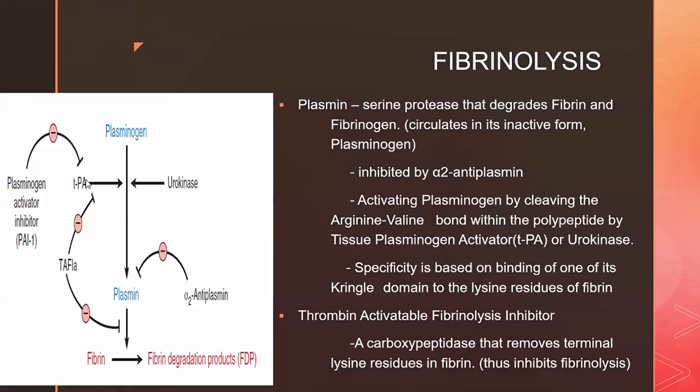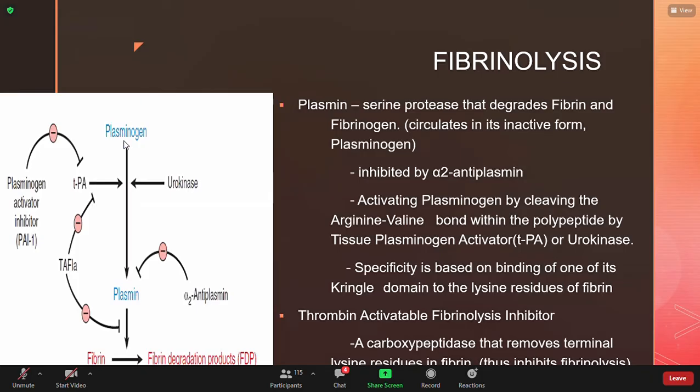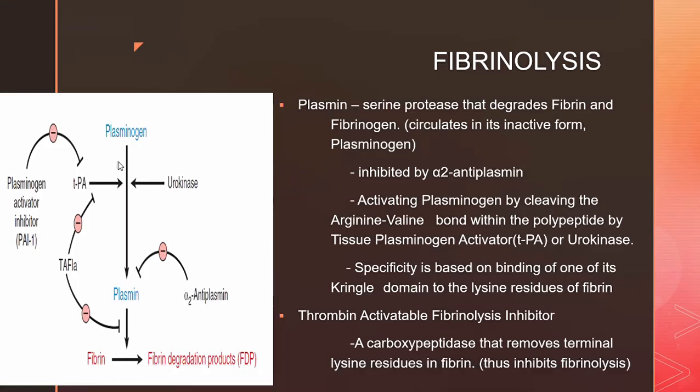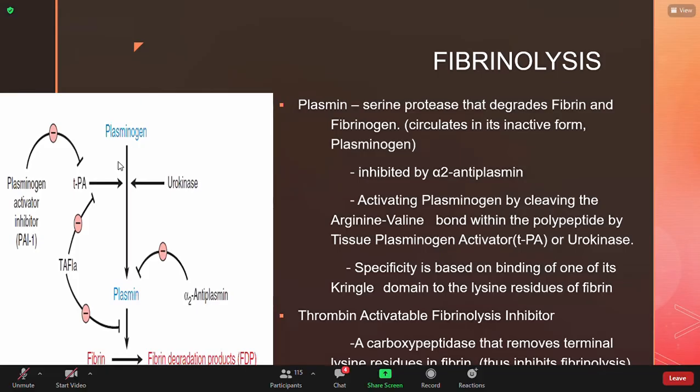Okay? Yan yung kanyang pag-inhibit sa plasmin or pag-kontra sa plasmin. Tatanggalin niya yung lysine na may Kringle domain. Kaya hindi madi-dissolve yung fibrin clot mo ng plasmin. Please take note of that.